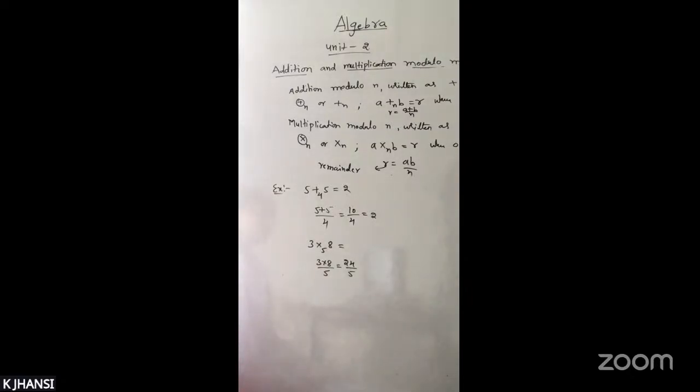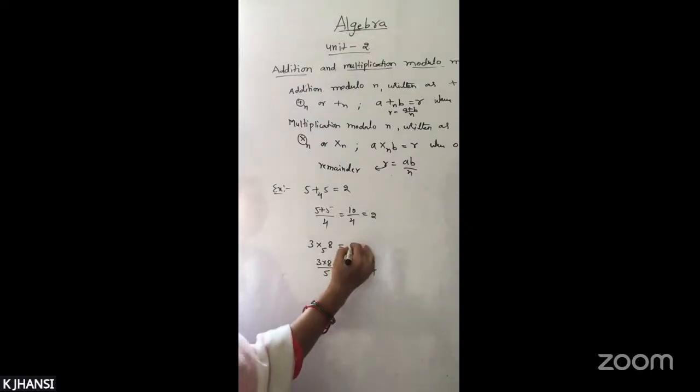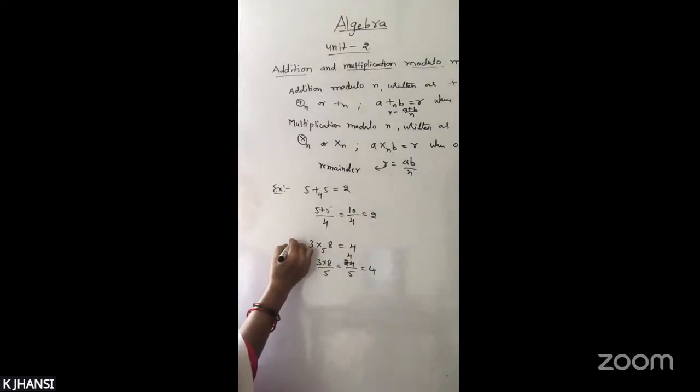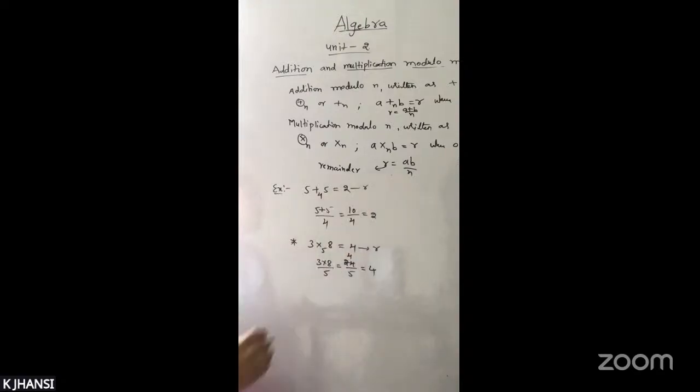When you divide by 5, 5 fives are 25, but we have 24 in the numerator, so 5 fours are 20. What is the remainder you are getting? 4. So this is the resultant here, this is r, small r. Whatever resultant we are getting is called the remainder. Like this we will find addition modulo or multiplication modulo.